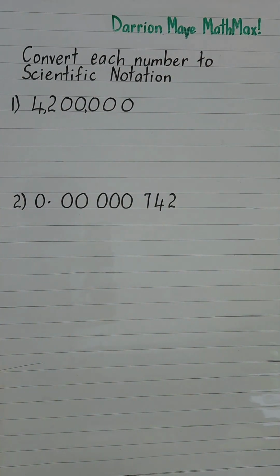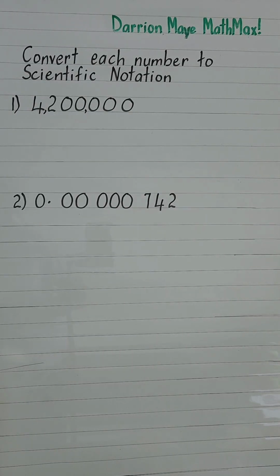In today's video, we will convert numbers to scientific notation. Scientific notation is a way to write very large and very small numbers. So here we have two examples.